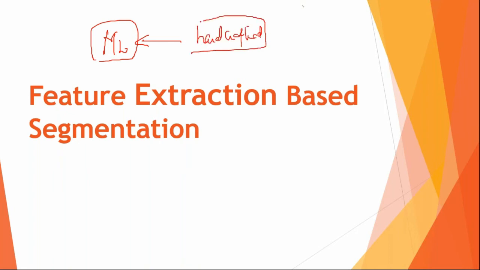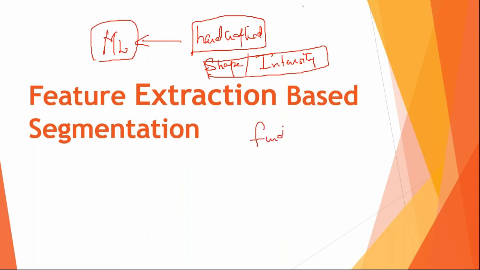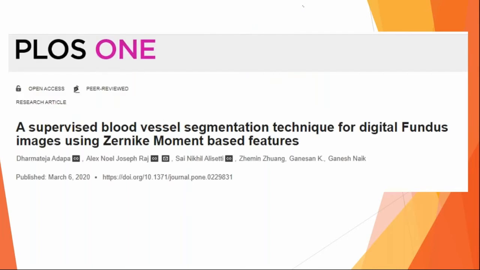I will explain one of our papers where we used shape and intensity features, or gray level features. We extracted them to do fundus image, or retinal image, segmentation. It's published in PLOS One, so you can refer to it. It has a very high H index.